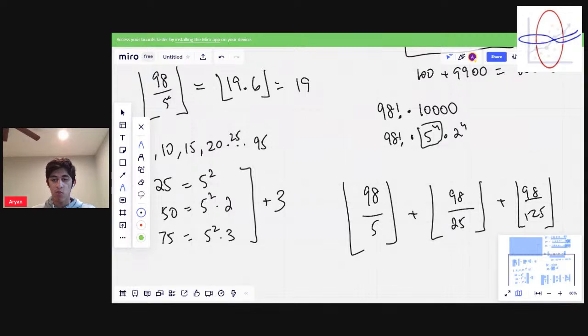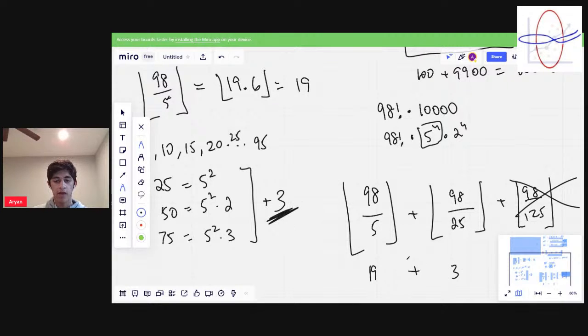This is less than 1, which means the floor of this is 0. So anything after this we can ignore. As you can see, 98 divided by 5 gives 19 when you take the floor. 98 divided by 25 is 3 point something, so the floor is 3, which matches the 3 that we found over here. So this means we have a total of 22 factors of 5 in 98 factorial.